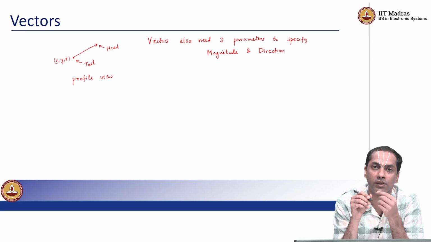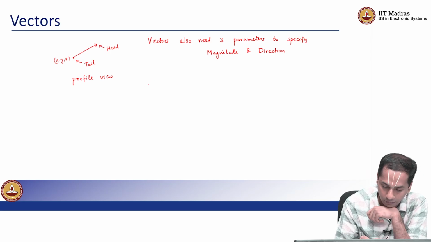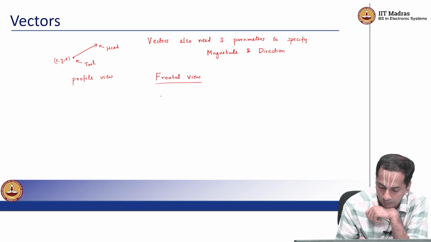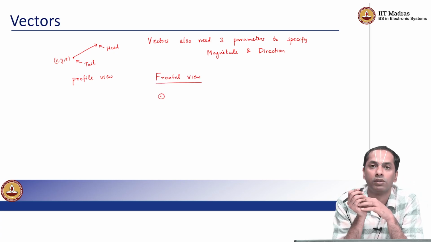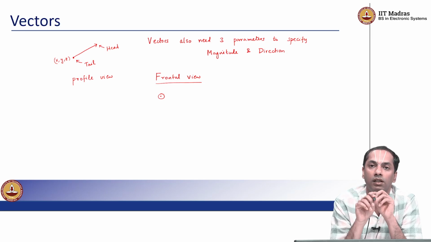In order to specify both direction and magnitude, we have the frontal view, where we use a dot and a circle, right? So this is an arrow that is pointing at you, right?